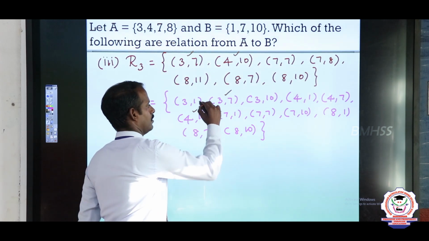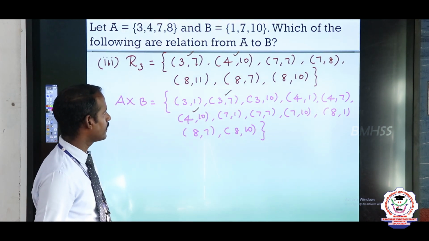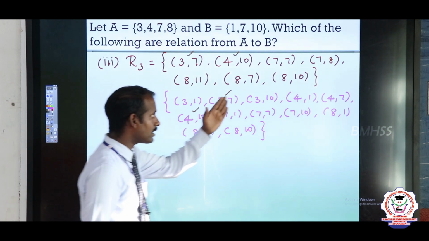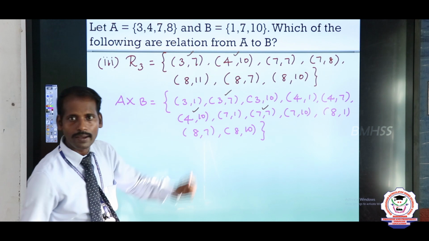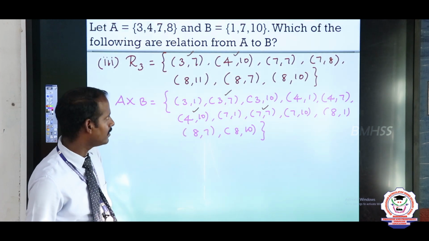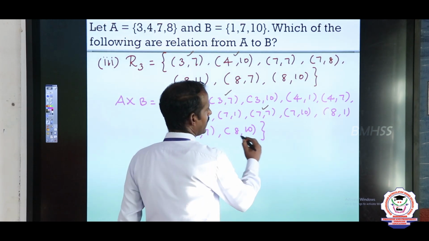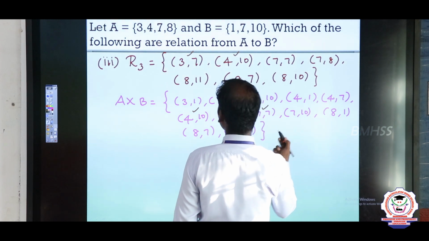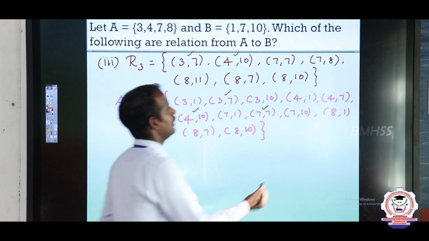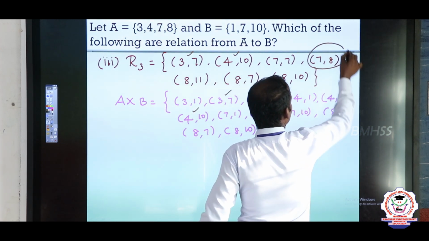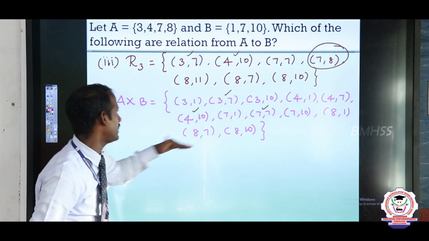Yes. Next 7 comma 7: is it in A Cartesian B? Yes. Then is 7 comma 8 in A Cartesian B? No, 7 comma 8 does not belong to A Cartesian B. So these elements do not belong to A Cartesian B.